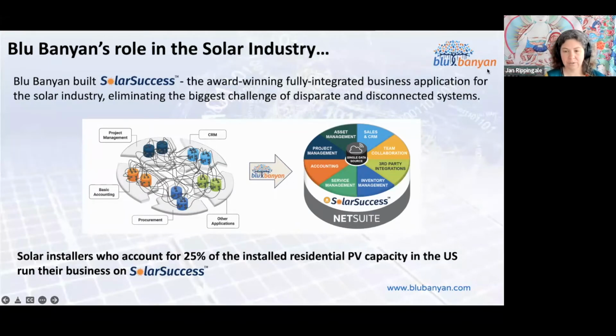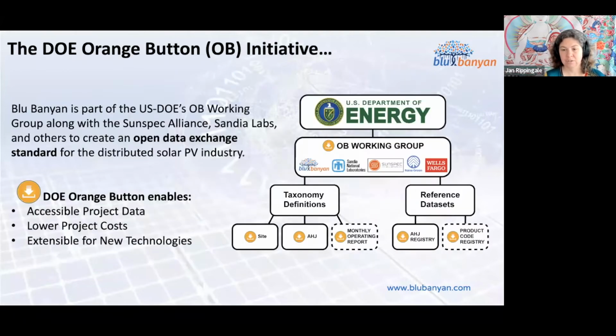That has created tremendous operational efficiencies, to the extent that 25% of the annual installed residential PV capacity is done by companies running their businesses on Solar Success. We work with this every single day and are cutting edge, looking for ways to help our clients deploy more solar faster.